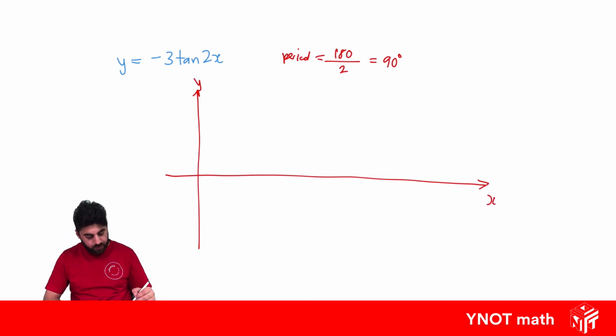Alright, so normally the tan graph starts at 0 and goes up, but because we've got a negative, we've got to go in the reverse direction. So we're going down. And we know its period is 90. So if you think about on this side, we don't have to draw this, but I'm going to draw it in just to make it obvious.